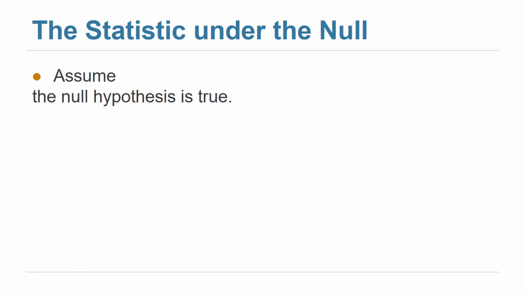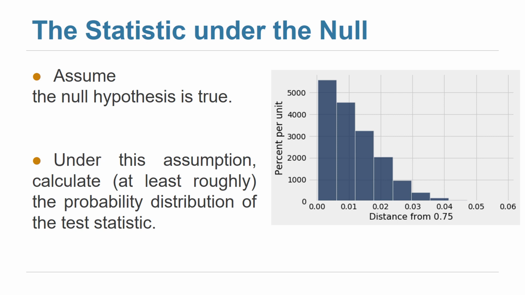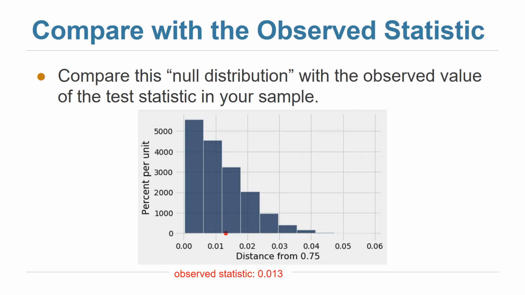The statistic, when it is computed under the null, we assume that the null hypothesis is true, and we simulate getting samples under the null hypothesis. From each sample we compute a statistic value and we have the distribution. So under this assumption we calculate the probability distribution, actually the empirical distribution of the test statistic. And we compare it with the observed statistic.